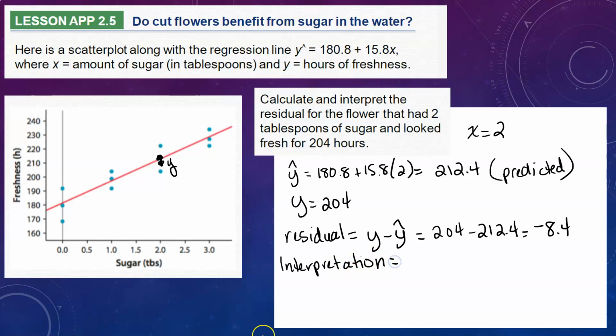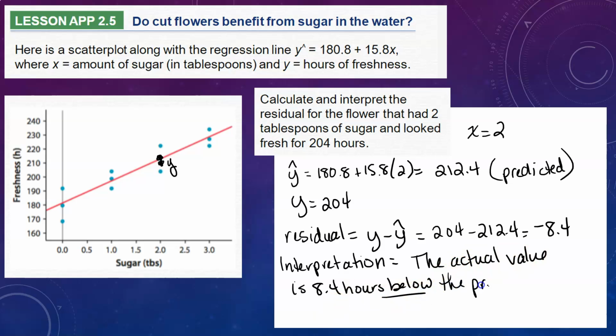Your interpretation should have been that the actual value is 8.4 hours below, because of the negative, the predicted value. A residual is just telling you how far off our prediction is. That's it. So our actual value is about 8.4 hours below the predicted value.